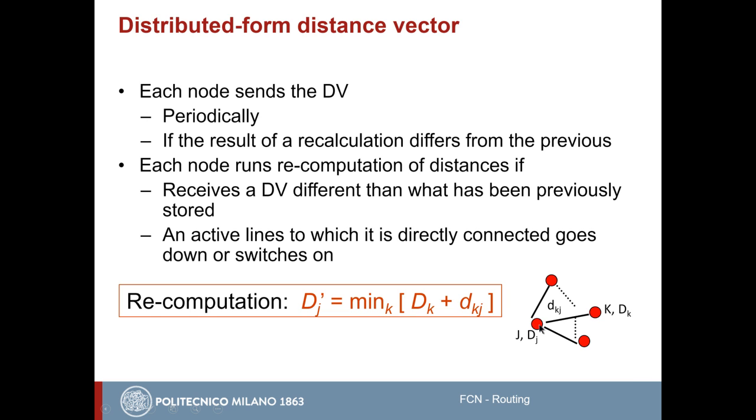And also we are considering a specific node. So this is basically the node that corresponds in the original Bellman-Ford formulation to node I, and these nodes here are all the other nodes which have a direct connection.